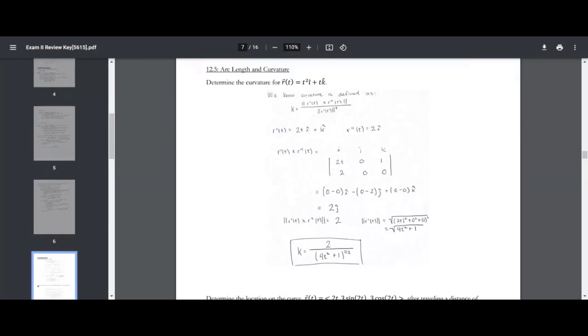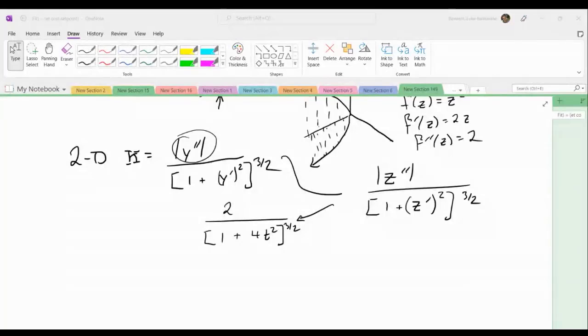We didn't have to do that. We can just use our plane curve curvature formula. So that's nice. So that's the curvature for that one.